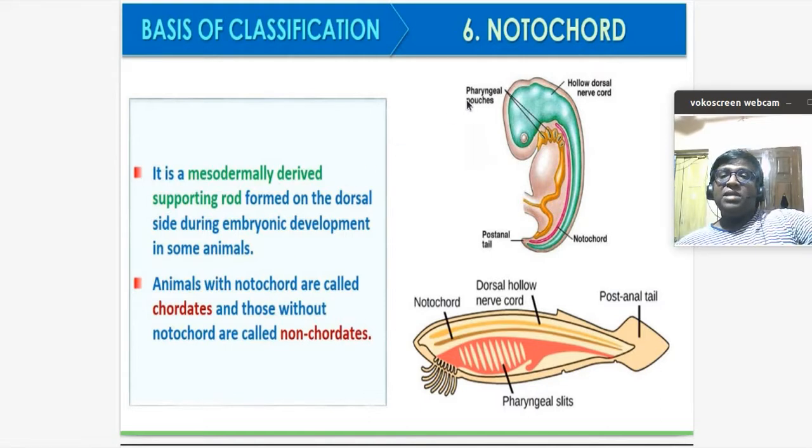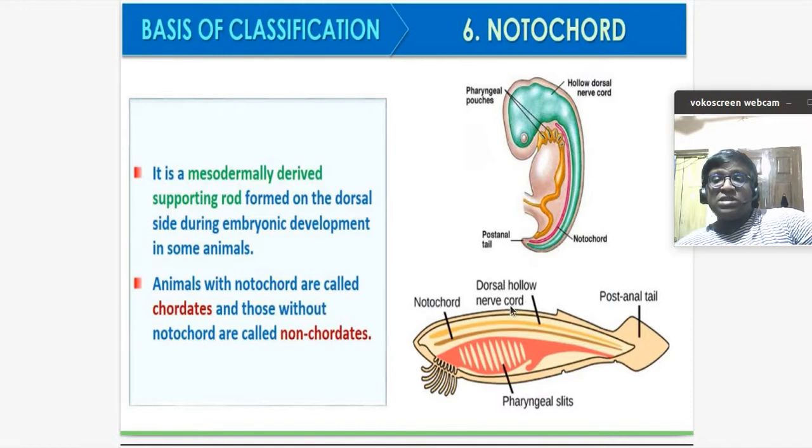So based on the notochord. See, notochord is a mesodermally derived supporting rod. You can see this brown colored structure. This is the notochord, which is found in between the dorsal nerve cord and the alimentary canal.